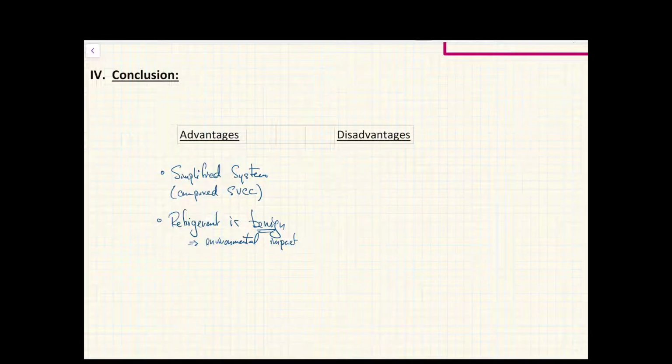Comparing this to the SVCC, we have eliminated an entire evaporator, right, in order to produce the refrigerating effect. Since our cycle is effectively open, even though we're modeling it as a closed system cycle, we've eliminated the evaporator at the bottom.